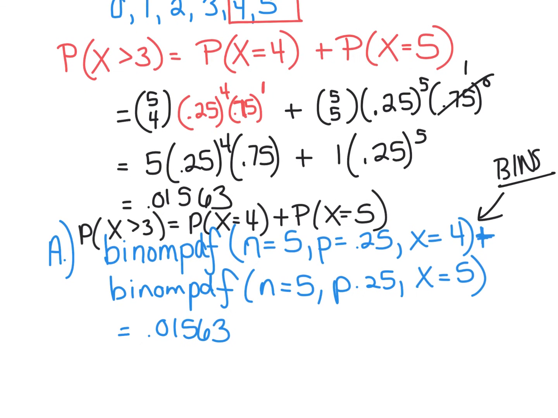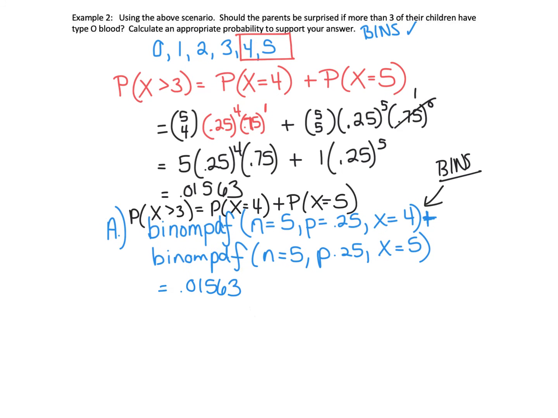And then lastly, the one other calculator function is Binomialcdf, which gives you the cumulative distribution of your density function. Let me change that to CDF. Cumulative, so what that does is it adds the probabilities together.